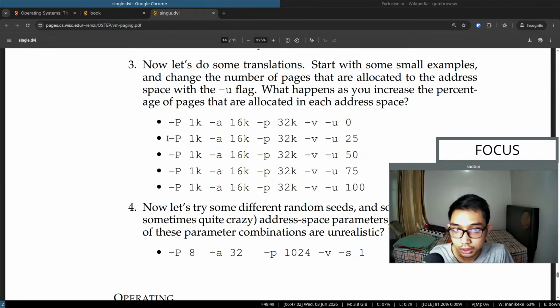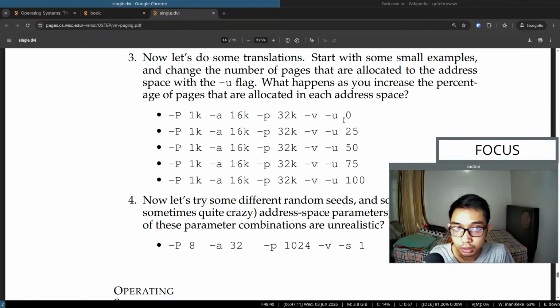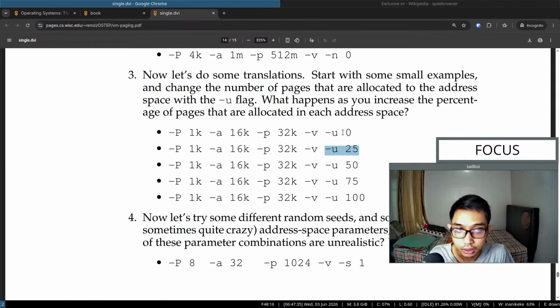To be precise, we are trying out this configuration, and checking what happens when the address space is 20% used. This is the percentage usage of the address space.